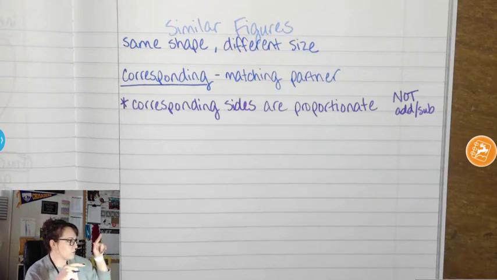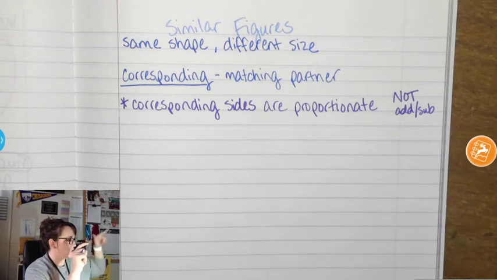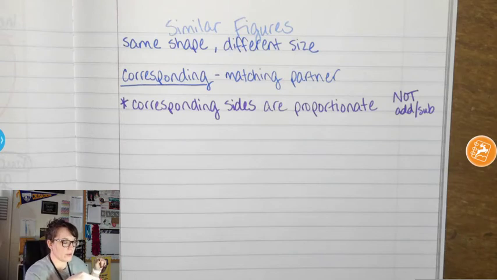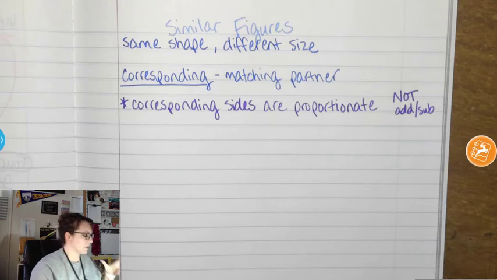If you have a 2x3 and you add 2 to one side and 2 to the other, a 2x3 is not the same as a 4x5 because you doubled the 2 to a 4, but you didn't double the 3. You just added 2. So it doesn't work. Don't add. Even when it feels like, oh, they just added 1 to every side.